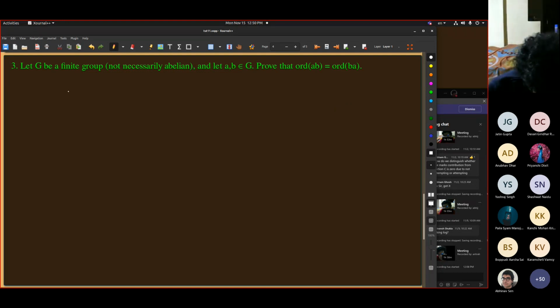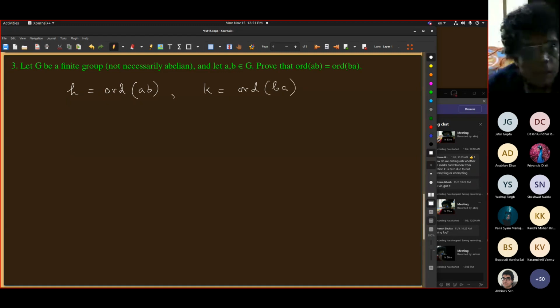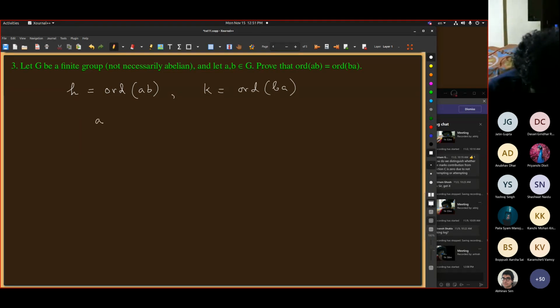Okay, anyway, so I will take something like this. Let's say the order of AB is H and the order of BA is K. Okay, so instead of assuming H greater than K or K greater than H, I will first try to use this. Order of AB is H. What does it imply? If I raise this to the power H, this will give me the identity, and let us call it E. And once again, I am assuming this is multiplicatively written.